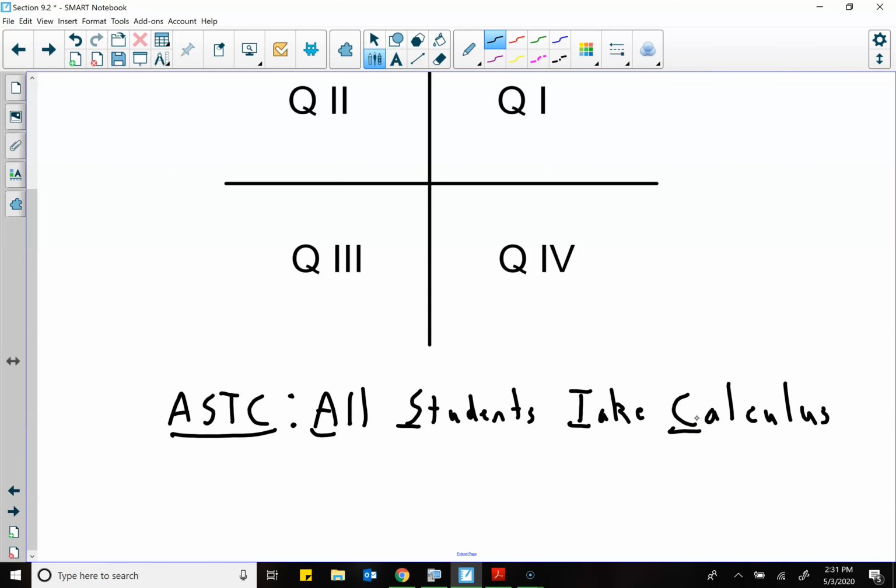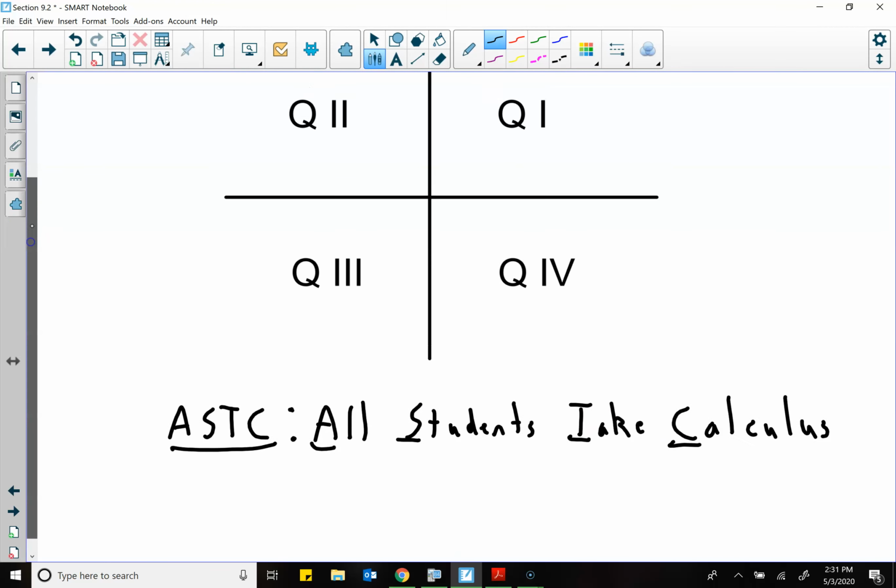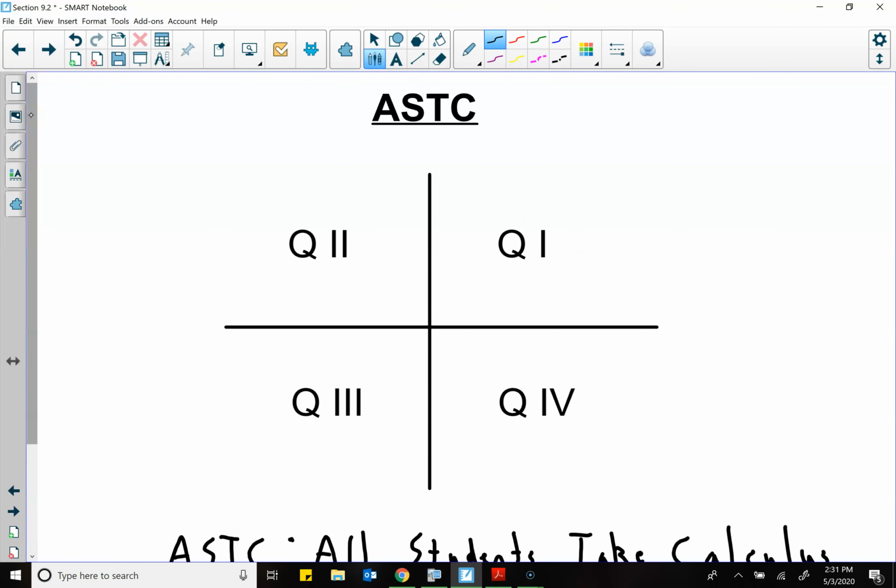Or if it's not calculus, call it chemistry. Okay? So ASTC. All students take calculus. This is a way to remember signs of your trig functions.